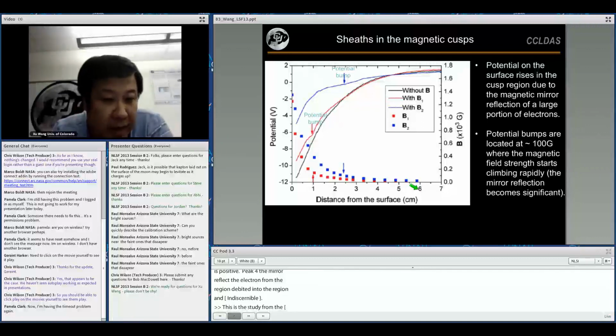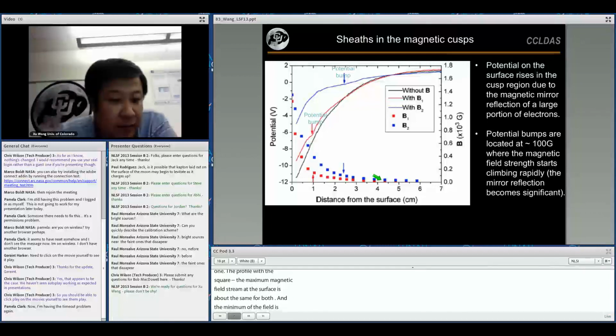We had two magnets for this experiment, a smaller and a bigger one. The magnetic field profile is shown with these squares. The maximum magnetic field strength at the surface is about the same for both magnets, and the minimum B field is also about the same.